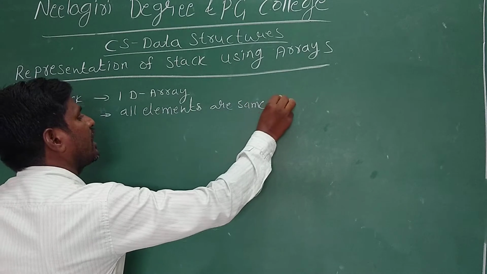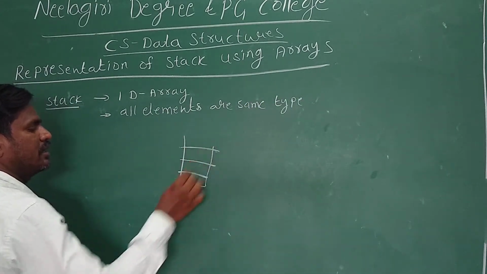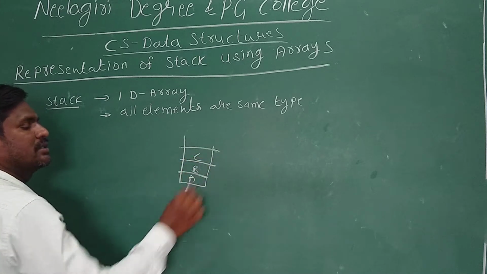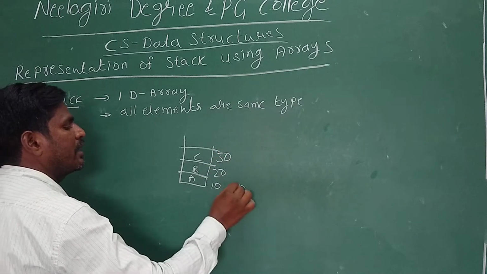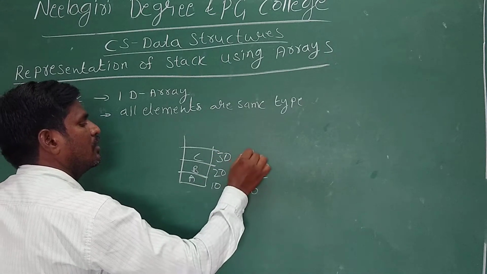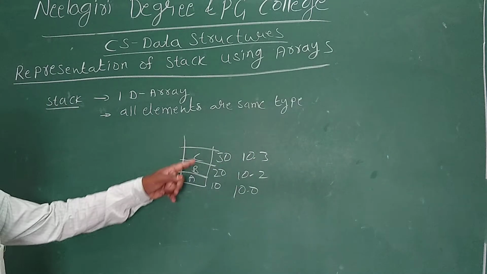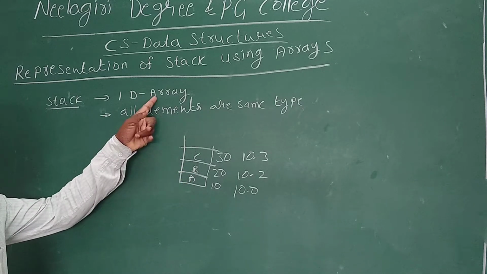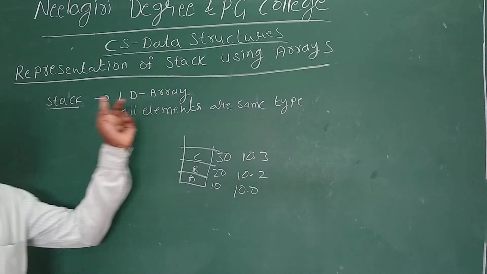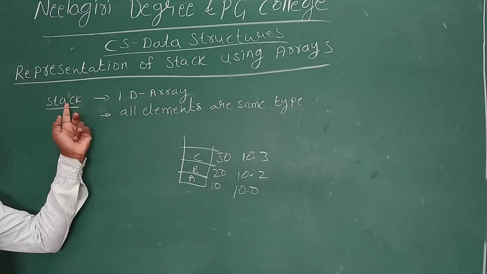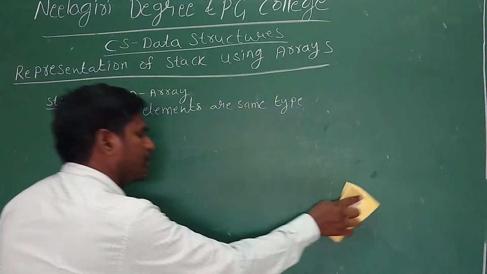Either all are characters, or all are numbers, or all are floating point numbers, or all are double type numbers, because we are using an array. When you are using an array to represent a stack, all the elements in the stack are of the same type.